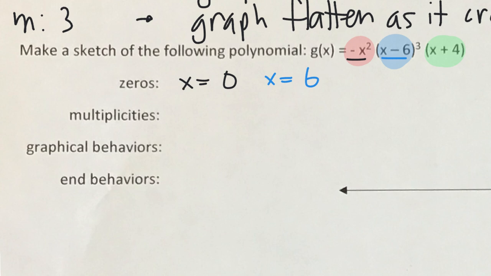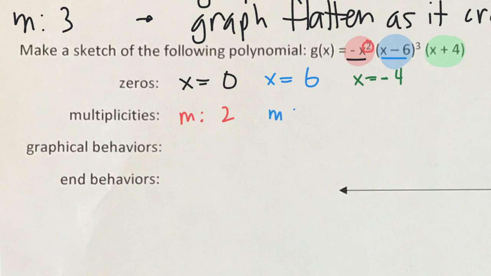And we have x equals negative 4 from our x plus 4 factor. Okay, now each of these has its own multiplicity based upon its power. So our x has a 2.